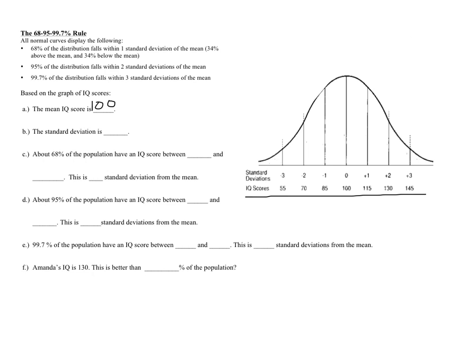Now, the standard deviation is the range between each bin. If you look at what we're counting by here, we're going from 100 to 115 to 130 to 145. And if we go backwards, we're going back to 85, back to 70, back to 55. The distance between those numbers is our standard deviation.